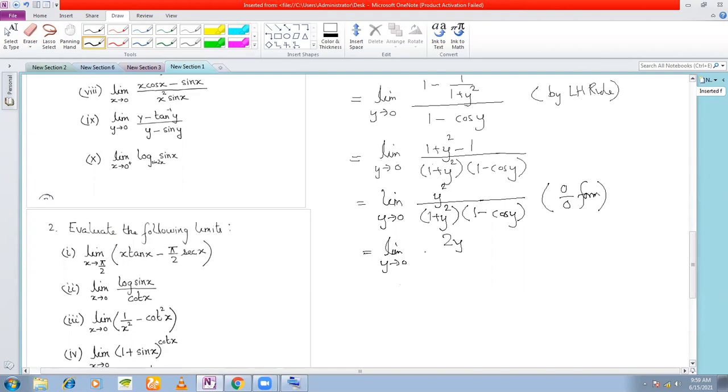2y divided by, and you differentiate the denominator by u into v rule. So write this as 1 plus y square into sin y.